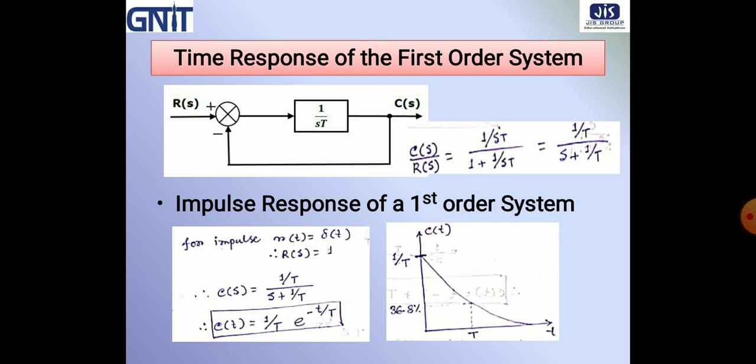So just put the values of t versus c(t), then we can get the impulse response like this. At small t equal to 0, the value will be maximum, and that will be 1 by T. At small t equal to capital T, the impulse response magnitude will be 36.8% of the maximum magnitude.